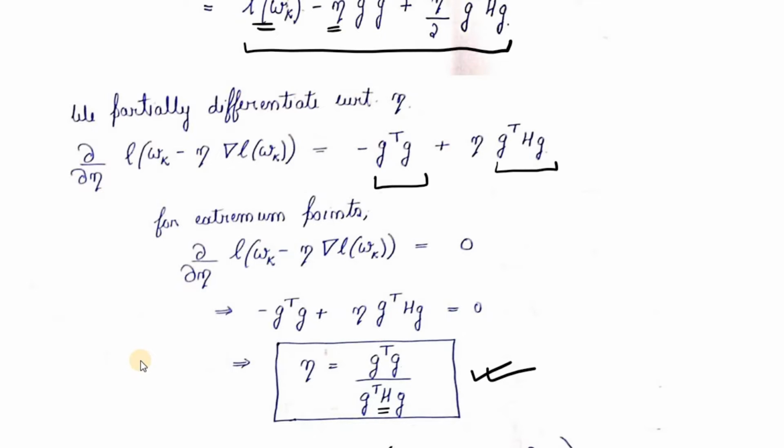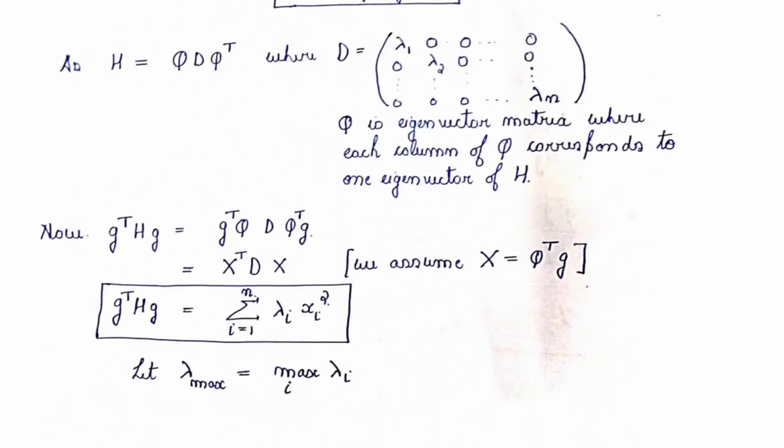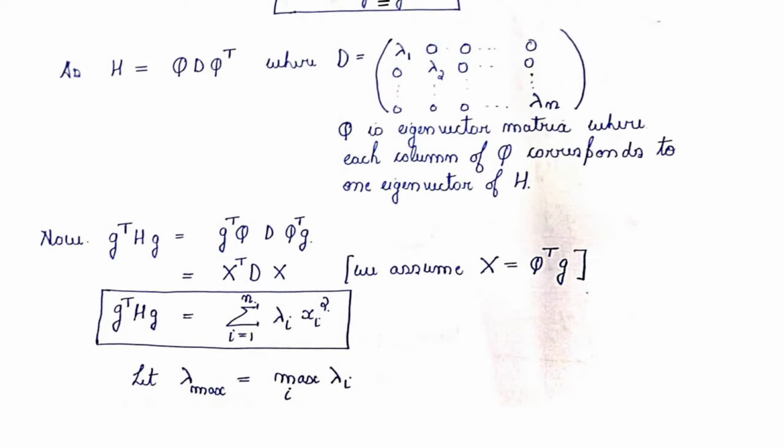Here also we need to find the value of H, which is computationally expensive. So there is a workaround which we can do. Since H is a symmetric matrix, because the Hessian is symmetric, we use the eigen decomposition theorem over here to decompose it in the form of Q D Q transpose.